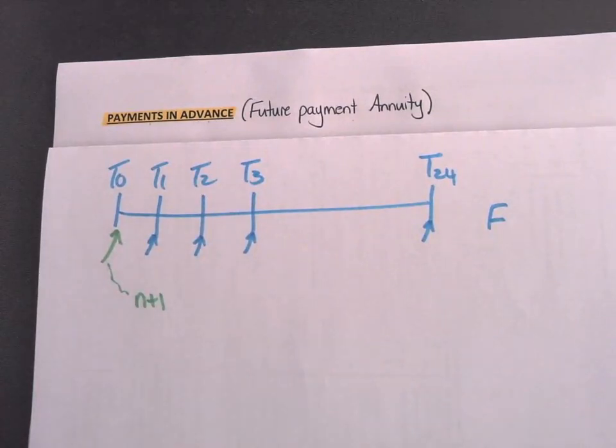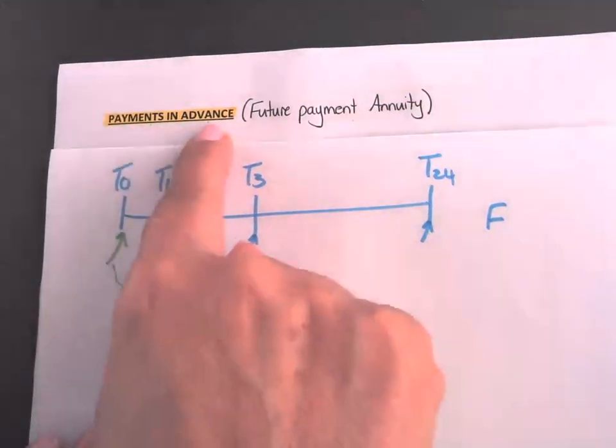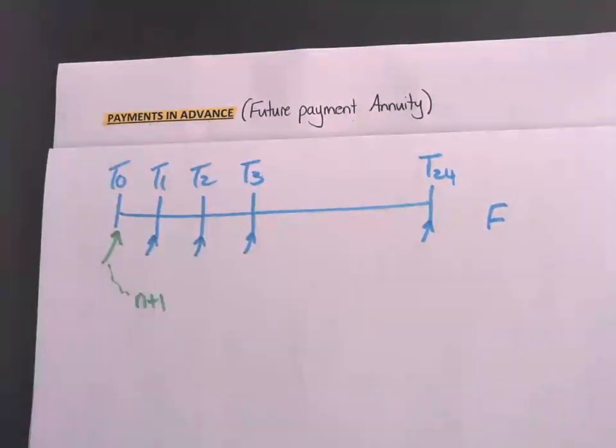Now today, we are going to learn about making payments in advance. It means that, let's say I receive my telecom bill, and it says it must be paid by 31st of May.